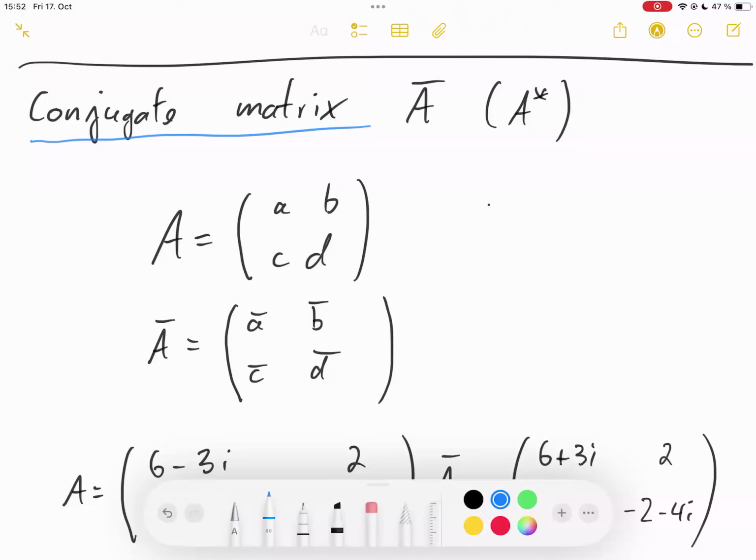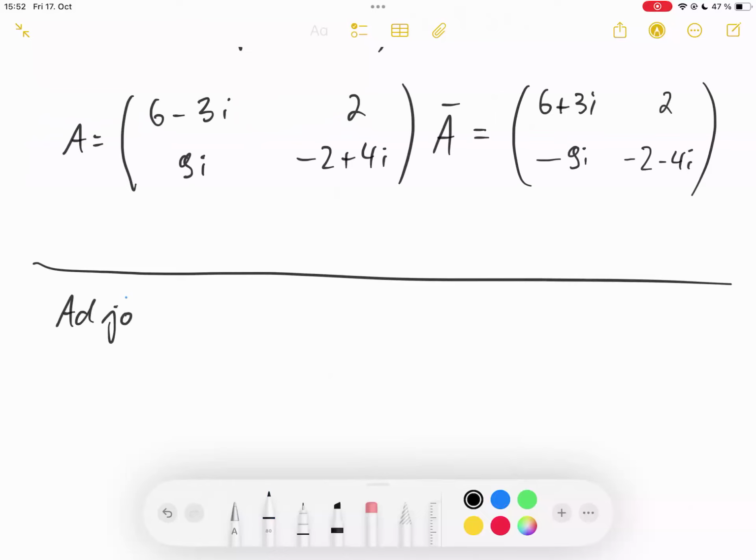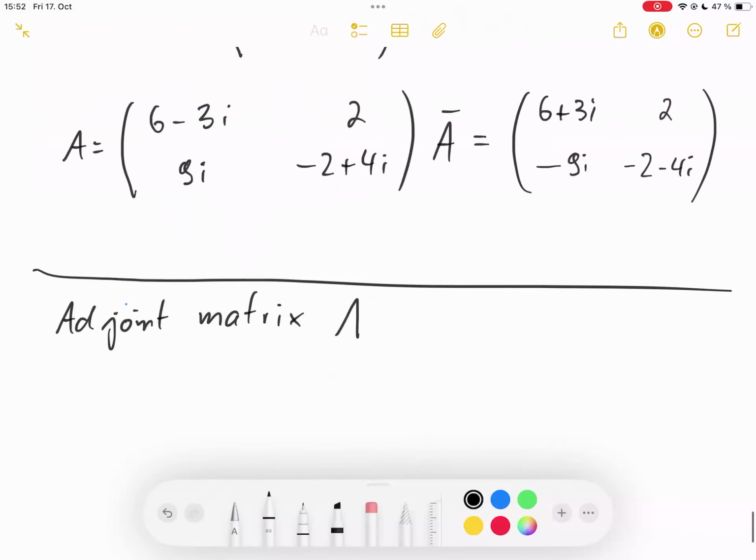And building on top of this conjugate matrix, we will now see the so-called adjoint matrix. And the adjoint matrix is often written as A, then you put this sign here.